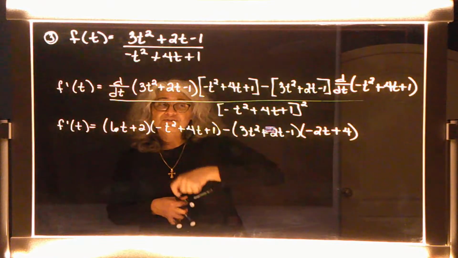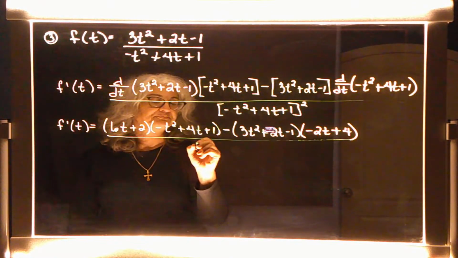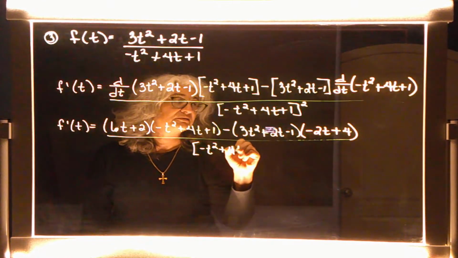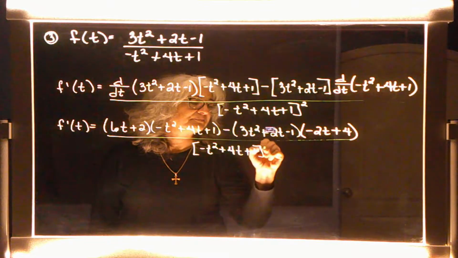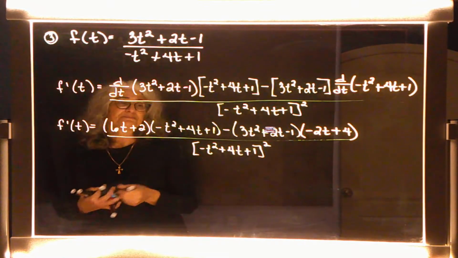And then the whole thing is divided by that denominator squared. How are we doing? Are you guys agreeing with me? Are you getting the same thing I am? Good. Love it.